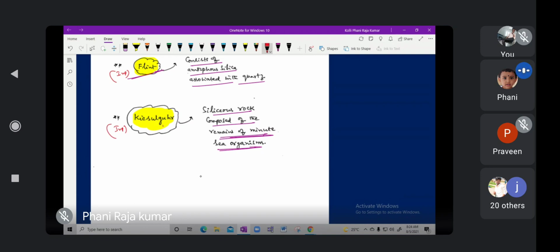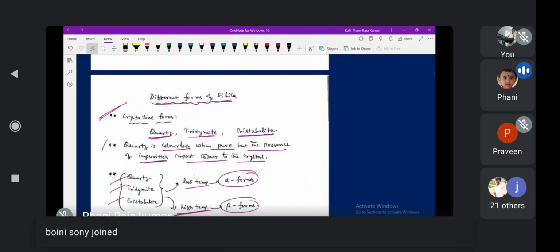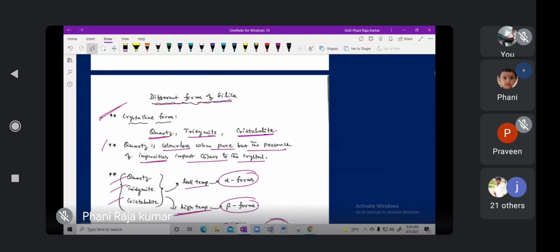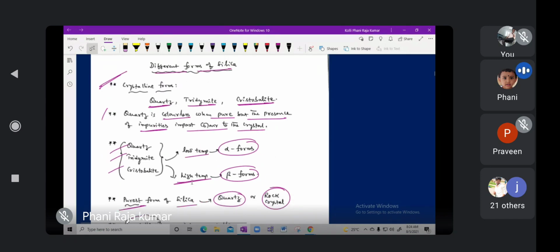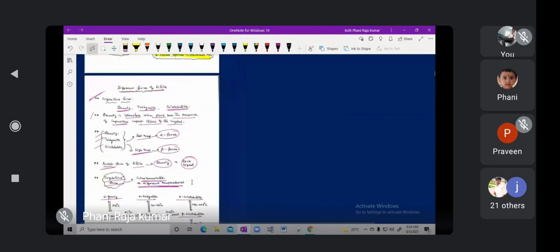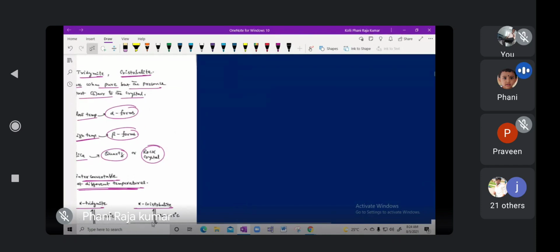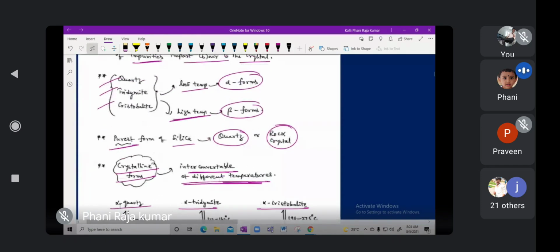Flint consists of amorphous silica associated with quartz, and kieselguhr is a siliceous rock composed of the waste coming from the remains of minute sea organisms under the sea water. These are the different forms of SiO2, mainly crystalline and amorphous. Crystalline: quartz, tridymite, cristobalite; amorphous: agate, jasper, onyx. The crystalline forms are interconvertible, and one alpha form is converted into a beta form by changing the temperature.